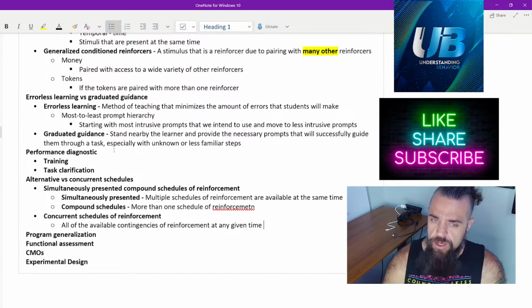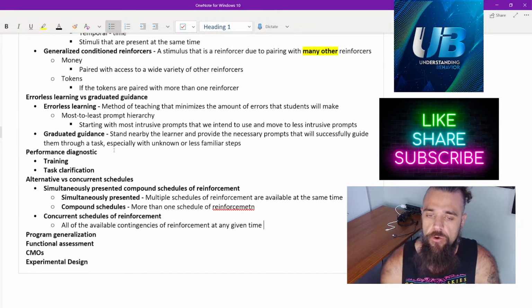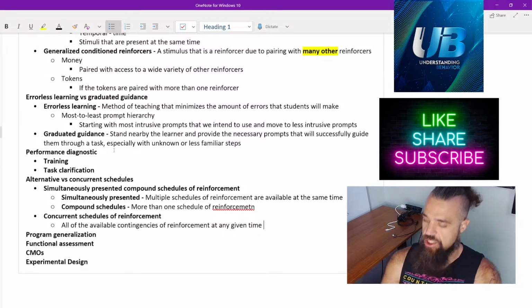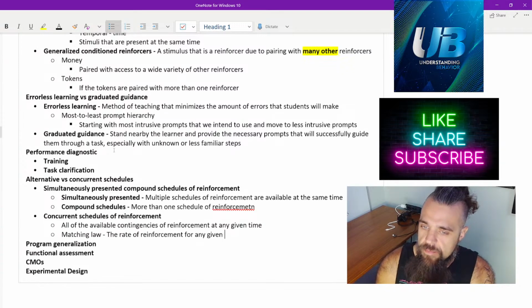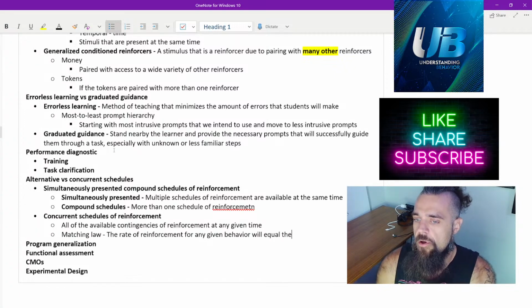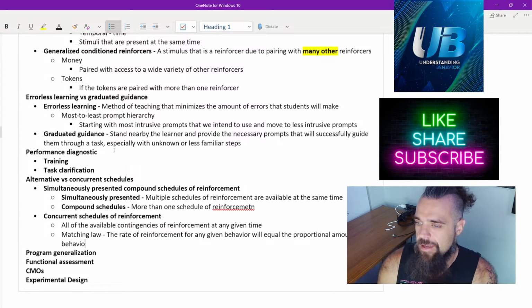And usually when we're looking at concurrent schedules of reinforcement, we're comparing it to matching law. What matching law essentially states is that the rate of reinforcement for any given behavior will equal the proportional amount of behavior compared to other schedules of reinforcement.